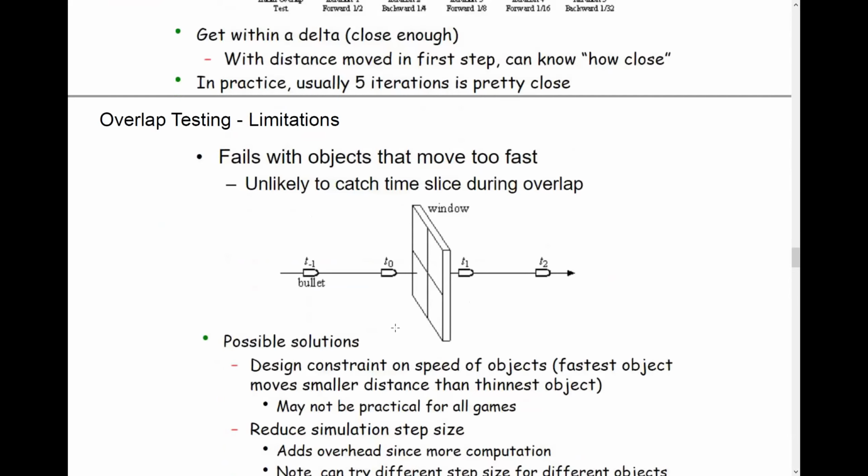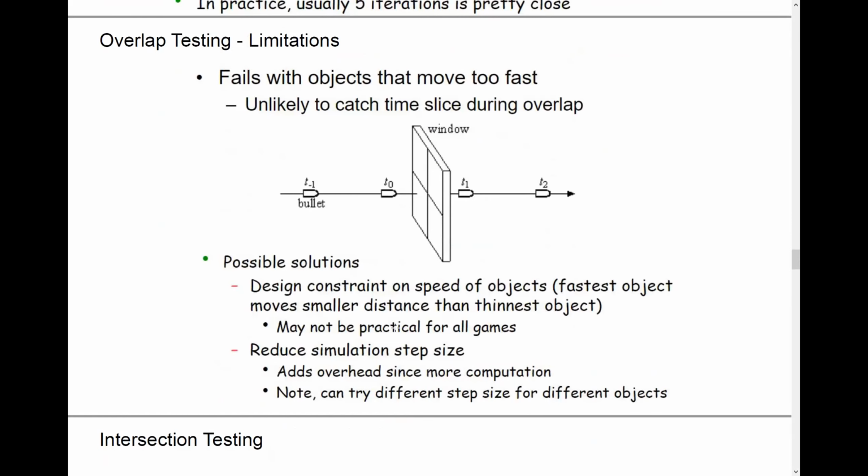There are certain limitations in overlap testing. If the object moves too fast, overlap testing cannot catch the time slice, because obviously we are going back and forth by half a step. So if it moves too fast, it's hard for us to catch the point right before the collision. A possible solution is to design constraints on the speed of the object, which is to say the fastest object moves a very small distance compared to the thinnest object.